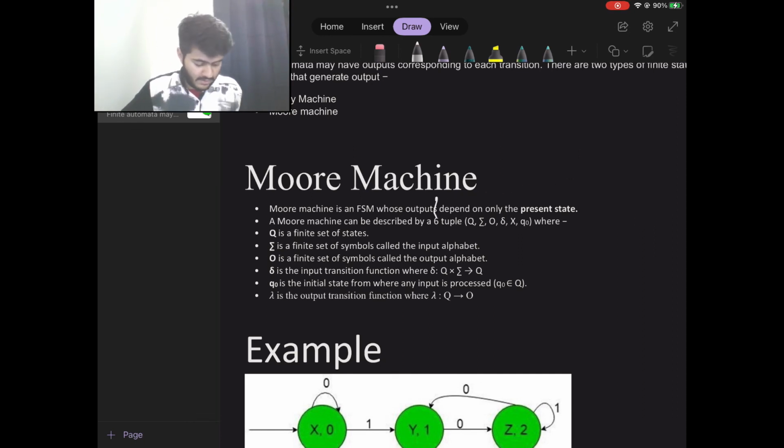An NFA can be anything you want, those two things don't matter in it. For an Epsilon NFA, you have to convert it back to the NFA. And for the output parts, there are two: Mealy machine and Moore machine. Moore machine depends only on the present state. Mealy machine depends on the present state and input.